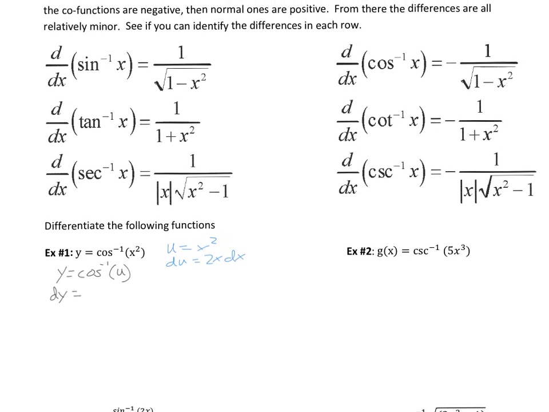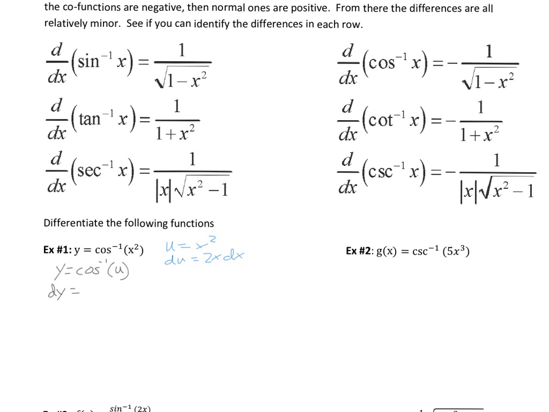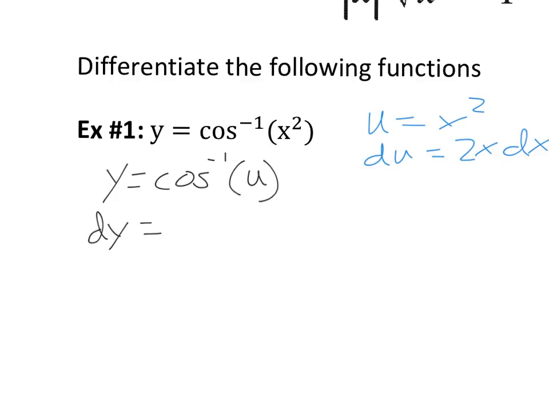It's up here, right? It's just negative 1 over the square root of 1 minus x squared. So this is going to be negative 1 over the square root of 1 minus, instead of an x squared though, it's going to be u squared. And we're going to have to remember to put that du at the end.